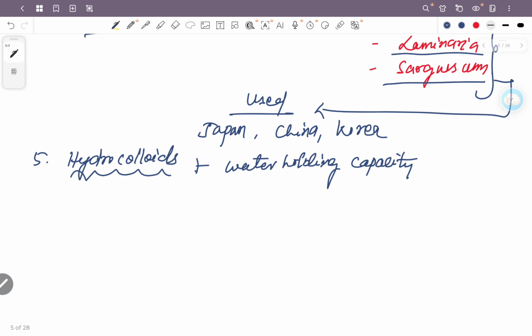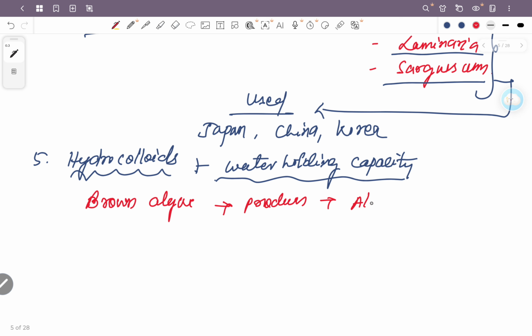And generally the brown algae, here we'll take some examples, the brown algae produce algin. Very important, children. This is asked in the exam: algin is produced by which group of algae?